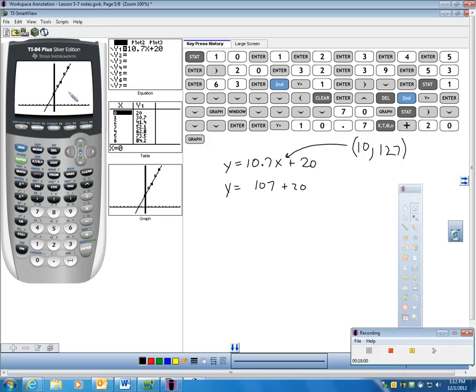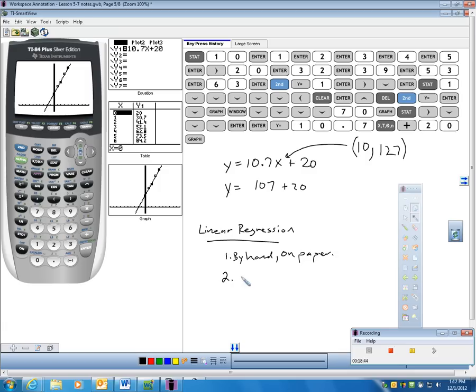So I've shown you both ways to do a linear regression. You can do linear regression by hand on paper, and honestly, that's how I would typically do it, because by the time you're done typing points in and all this stuff, if you do it on paper, you probably have it done.